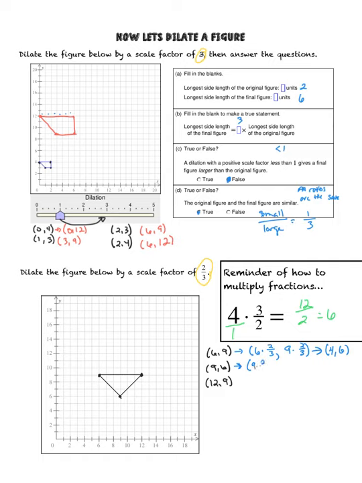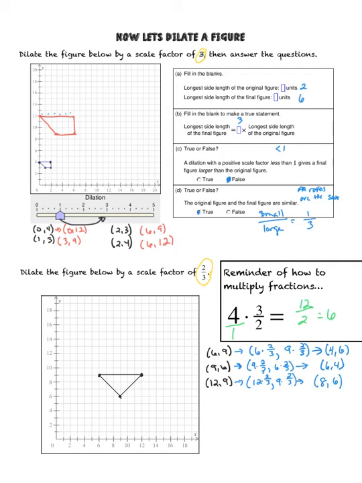9 times 2 over 3, comma, 6 times 2 over 3. We know what that is. That is 6, comma, 4. And then the last one, 12 times 2 over 3, 9 times 2 over 3. And this is 8, comma, 6.